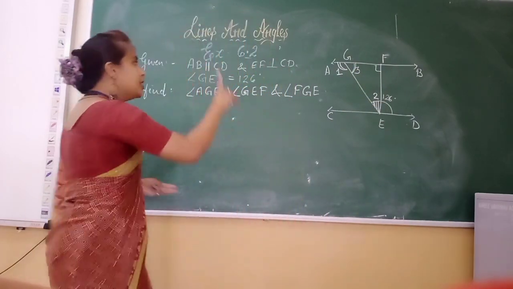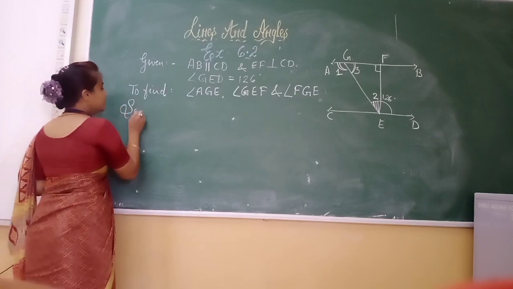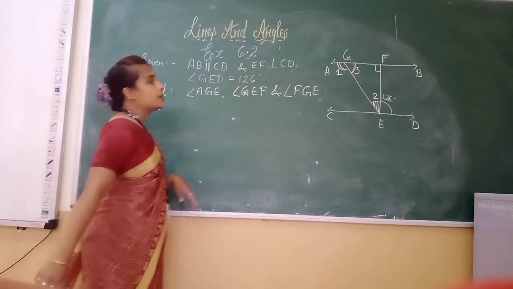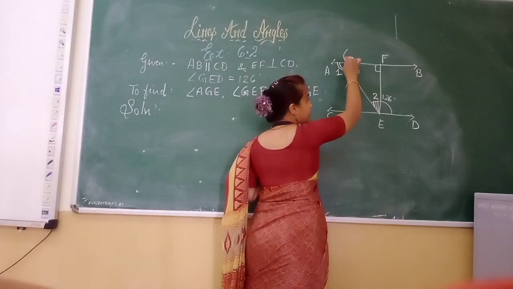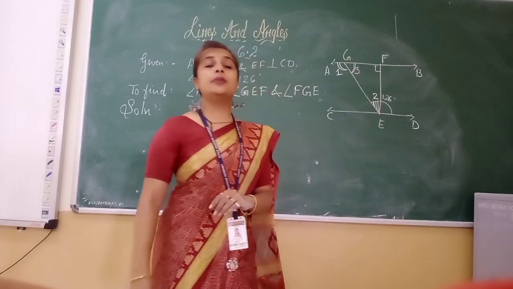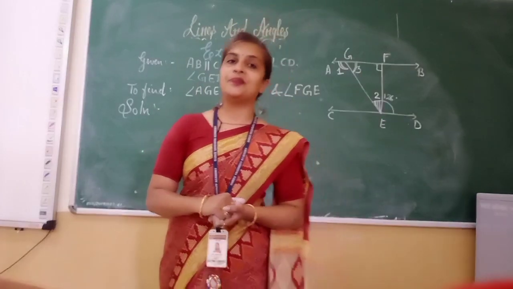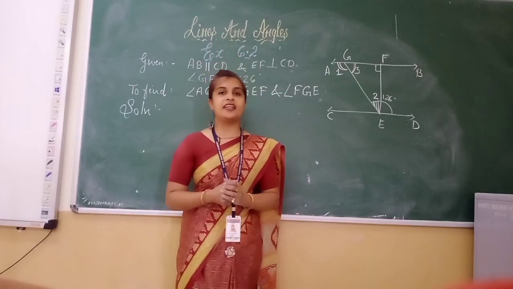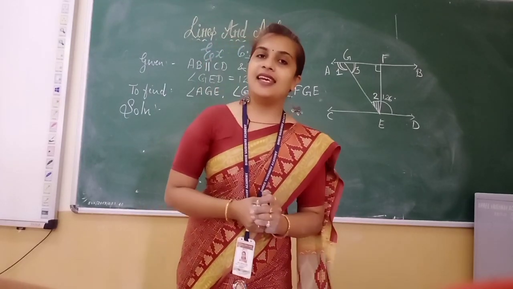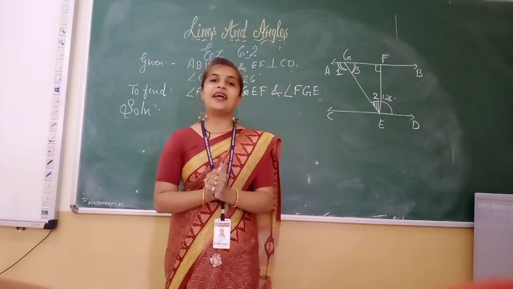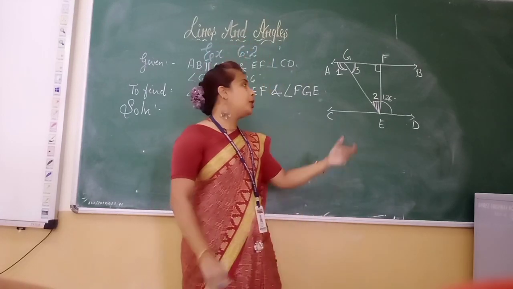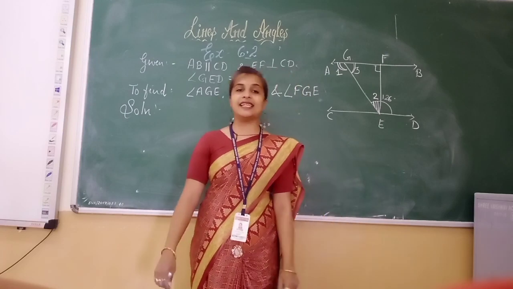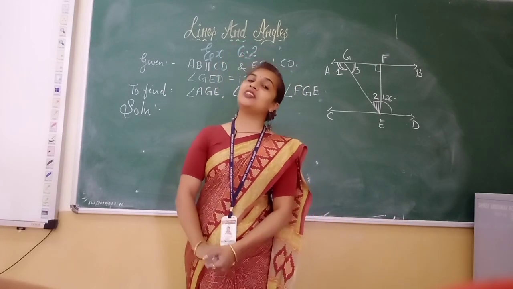So for finding the first part, सबसे पहला part angle AGE. What will be the measurement of AGE? Come on, try it. Tell it fast. What will be the measurement of AGE? Yes, very good. The measurement of AGE will be equal to 126 degree. क्यों होगा 126 degree?